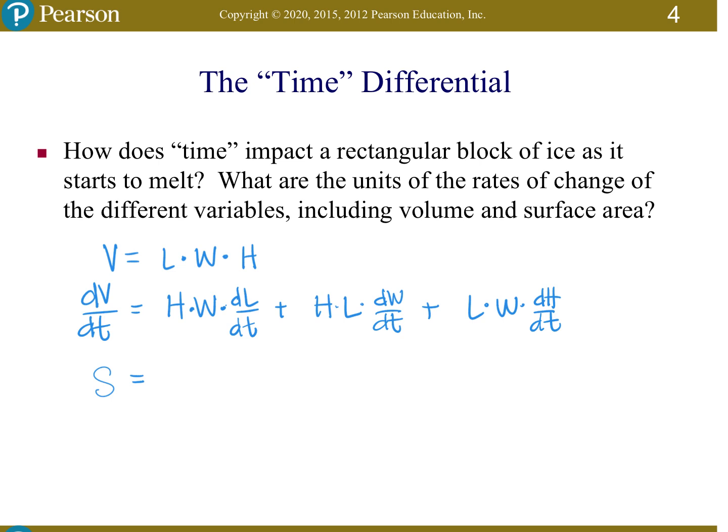One of the surfaces would be L times W, and then another would be W times H, and then another would be W times H, and that's 3 of the surfaces. But each of those are repeated twice because they have their counterpart on the opposite side. So this is the surface area.